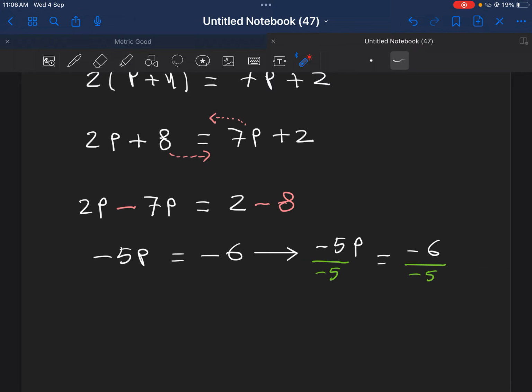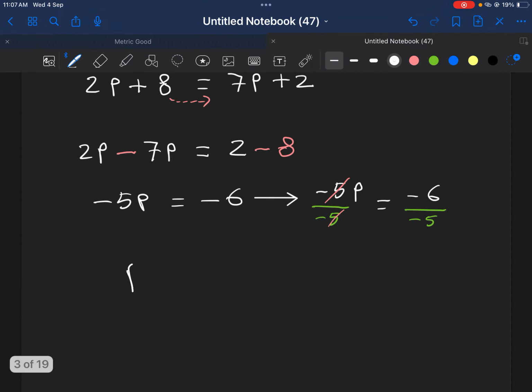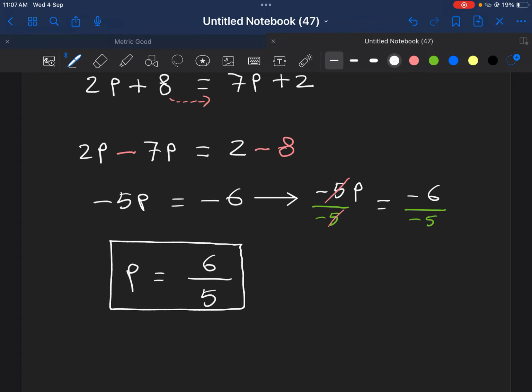Now if we look here, negative 5 top and bottom will get cancelled. So what we are going to get is only p, which is the one I'm looking for, equal the right hand side will be 6 over 5 because negative and negative would get cancelled. And this is my answer for this question.